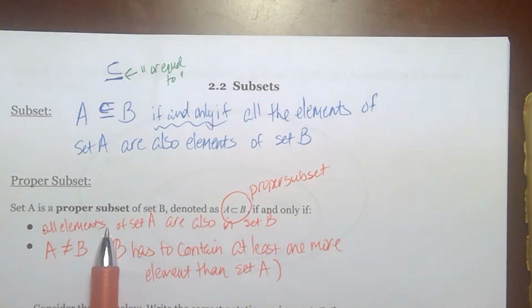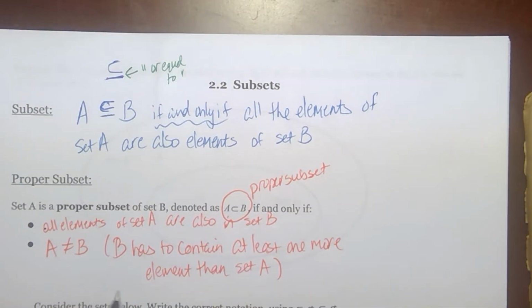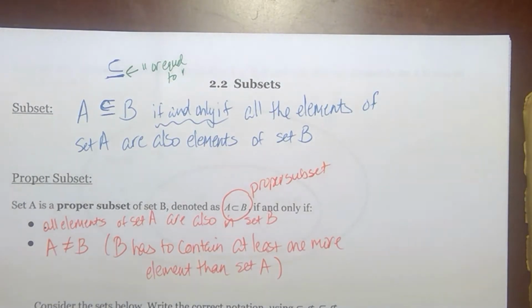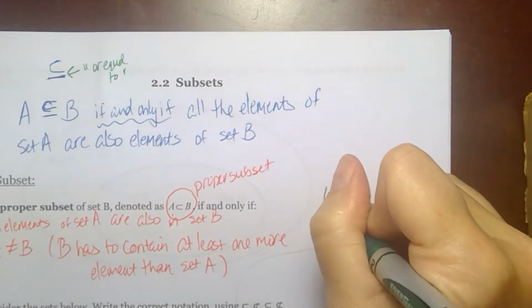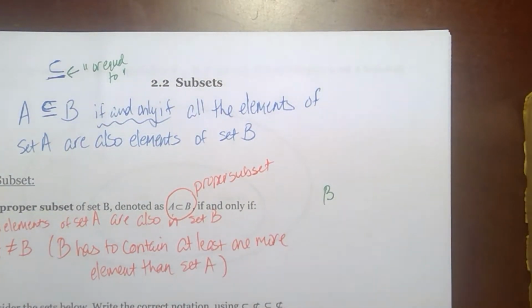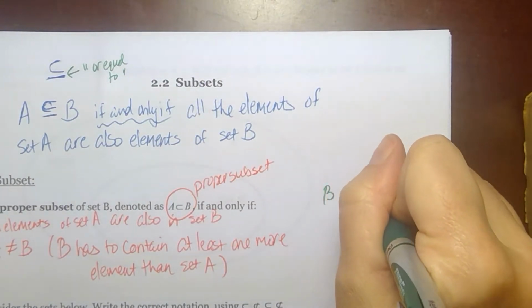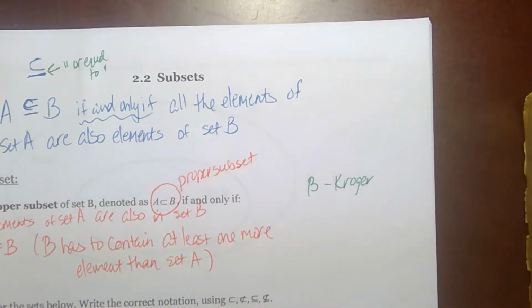So for A to be a proper subset of B, all of the elements in A also have to be in B, and there has to be something else in B that's not in A. Here's an example. Back to my grocery store example, Kroger. If my universal set is Kroger, let's say that's set B, everything for sale in Kroger.